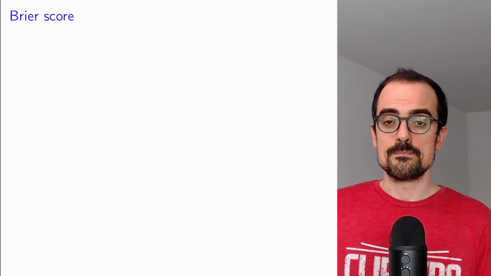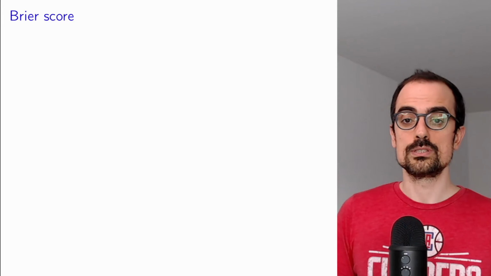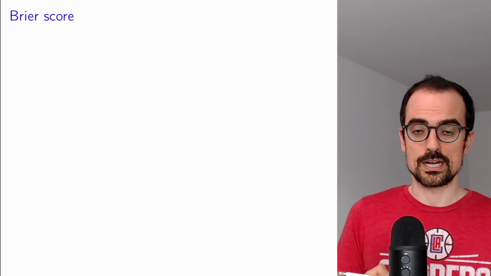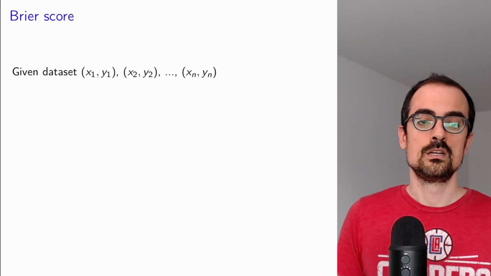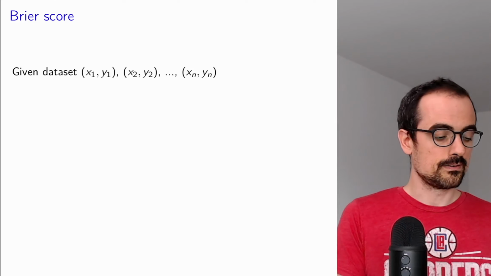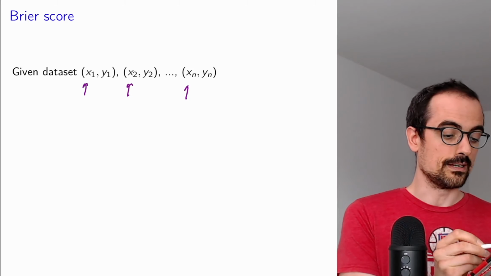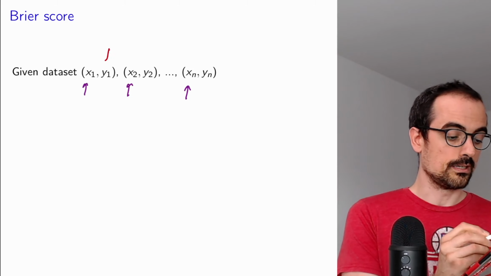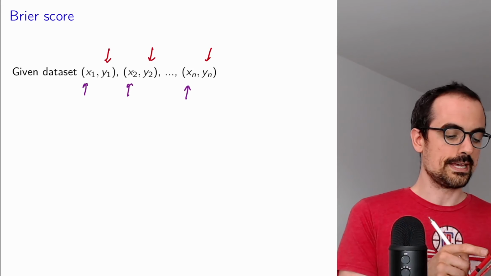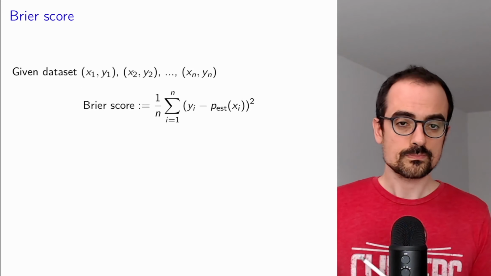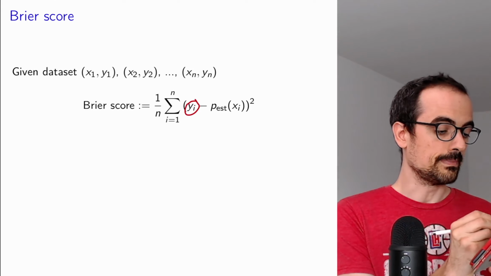It turns out that there's a metric that combines calibration and discrimination, and this is often used in forecasting applications where you do care about the probability, but of course you also care about being discriminative. So given a data set where you have these features x1, x2 to xn, and the corresponding labels that indicate the class y1, y2 to yn, the Brier score is the difference between the true label and the estimated probability.